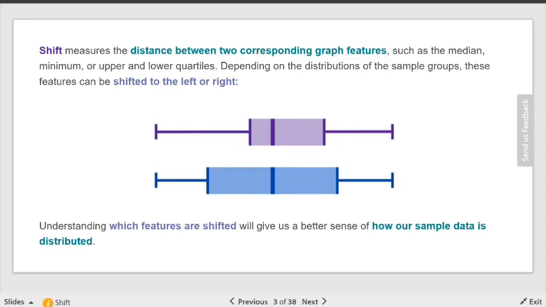Showing you that they can be identical or they can be shorter on one side, shorter on another side. We're going to look at examples of all of that. But determining which features are shifted gives you a really good example of how the data is distributed. And how the data is distributed is one of the things that can make you be able to make your inference, right?